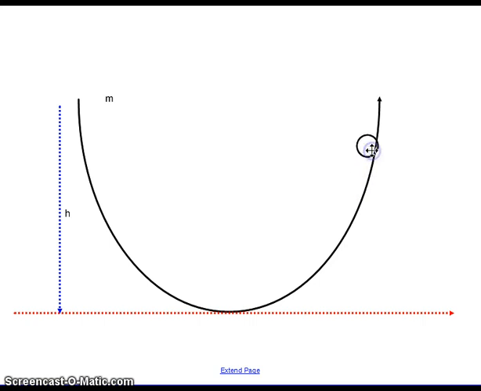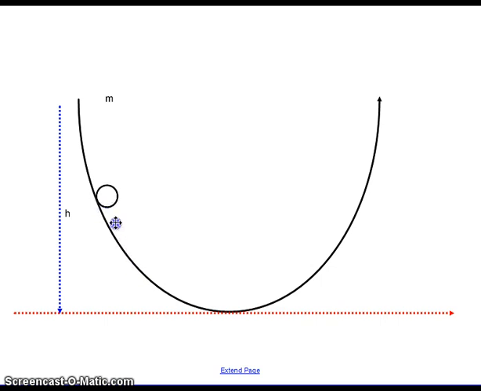So the ball might come to rest here at some height that's clearly not the same as the original height. So now it has less potential energy, 0 kinetic energy, and some energy has gone into work done by friction. As it rolls back, it will lose more to friction and eventually just get to maybe here.